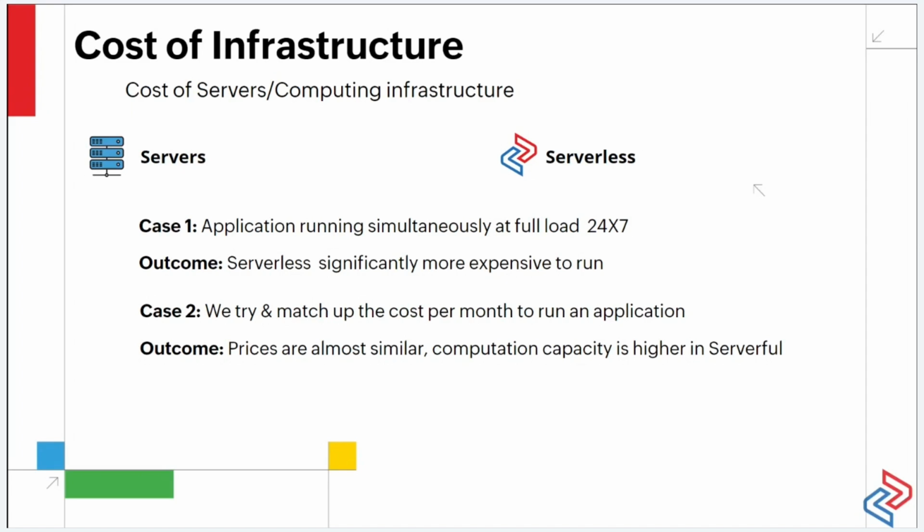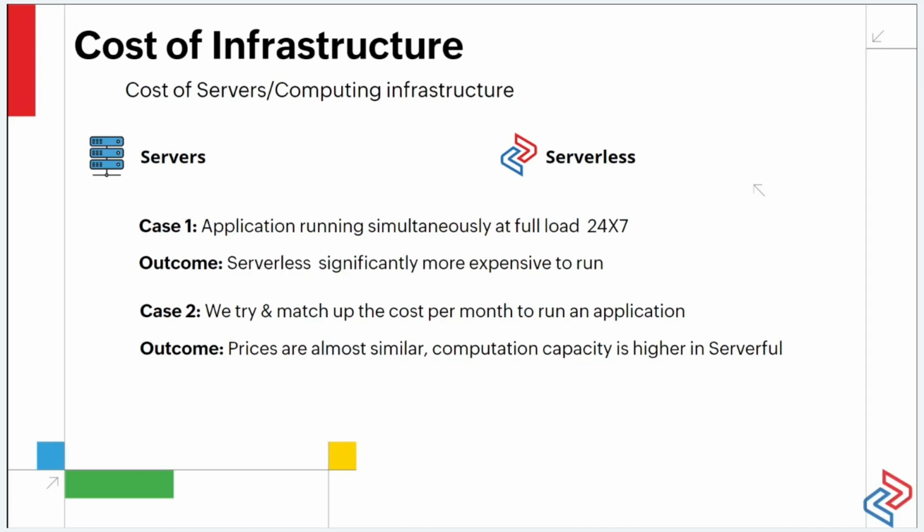Why that happens is that if you were to simply divide your usage that you generate on your server and do a unitary method calculation to come out at a sample number of invocations, the number of invocations you would get in a serverless instance as compared to a serverful instance would be drastically different. The serverless would offer you significantly lesser computational capacity as compared to a serverful instance.